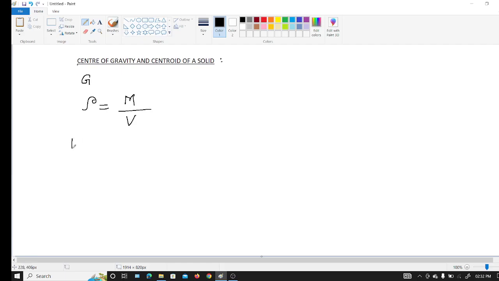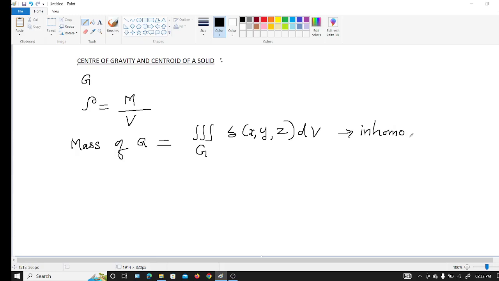Then the mass of the solid G is equal to the triple integral over G of the density function delta(x,y,z) dV. This is for an inhomogeneous solid.